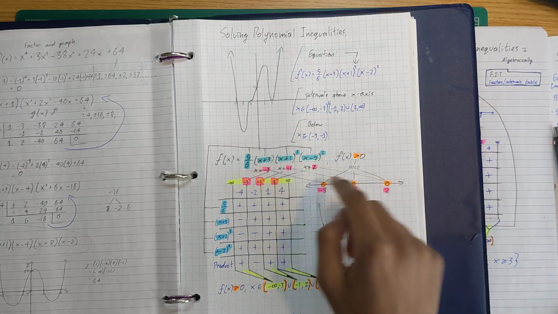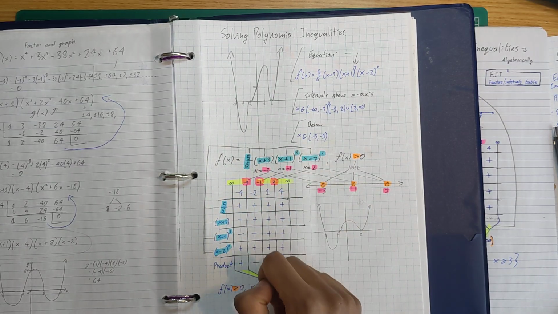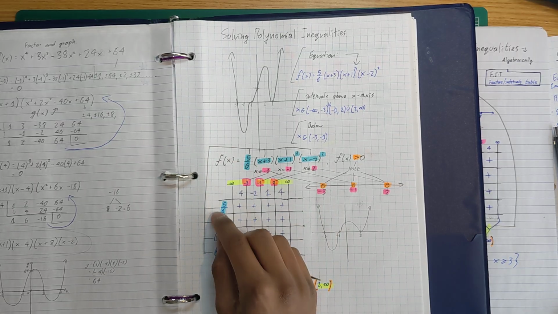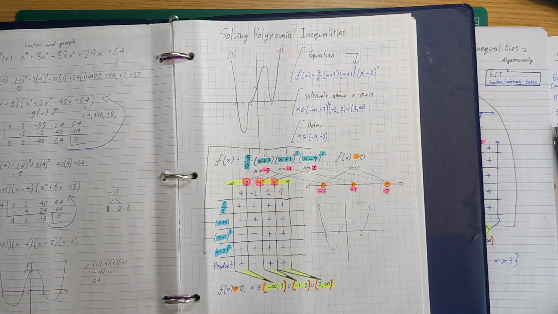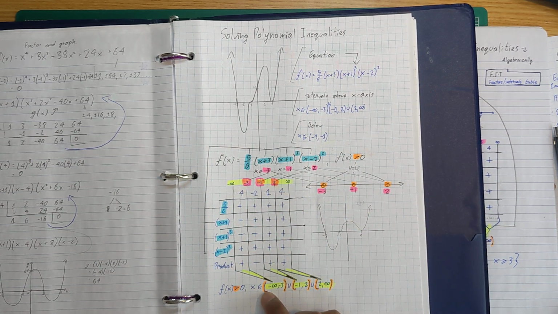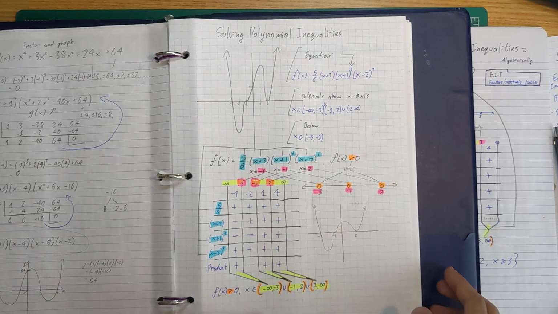And I do the same process. I put the factors in. If this is a negative factor, a negative coefficient, I put a negative coefficient over here, and I do the same process. And since it's just greater than, and these are all holes, I would put round brackets for my answers.